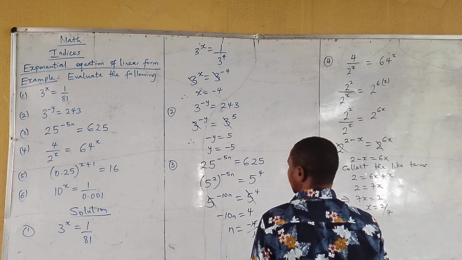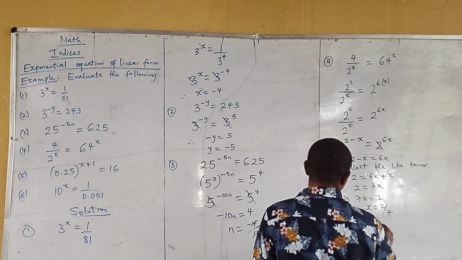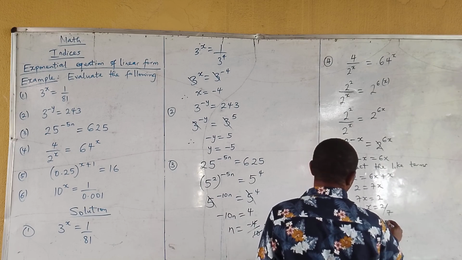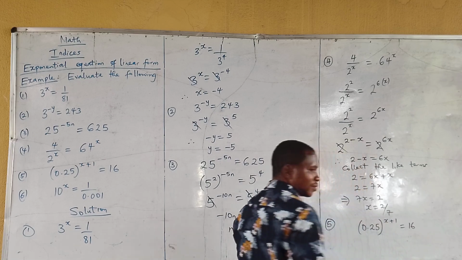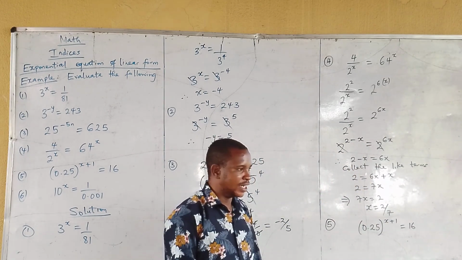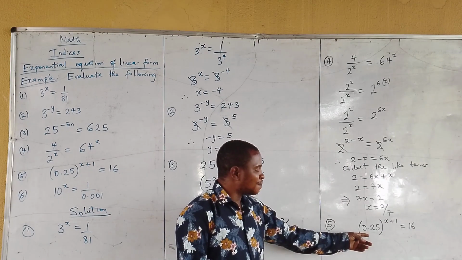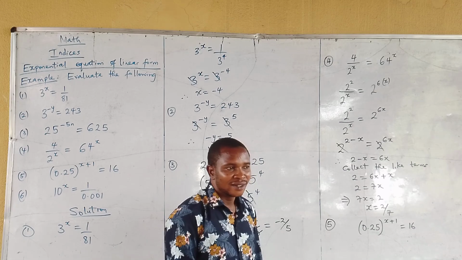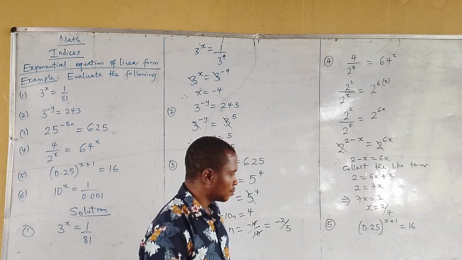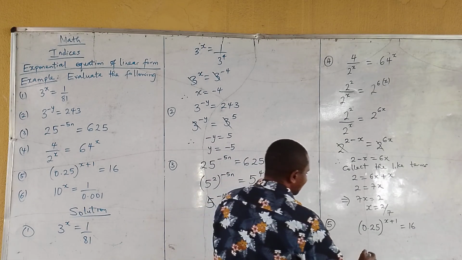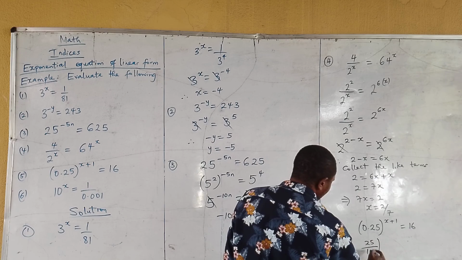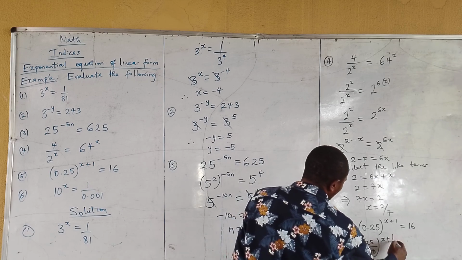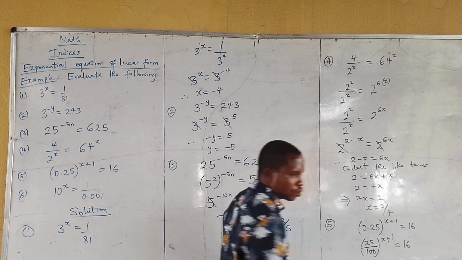We have 0.25 raised to power x plus 1 is equals to 16. The first thing that you need to do here is to express this decimal number in a fraction form. 0.25 in a fraction form will give us 25 over 100, raised to power x plus 1 is equals to 16.